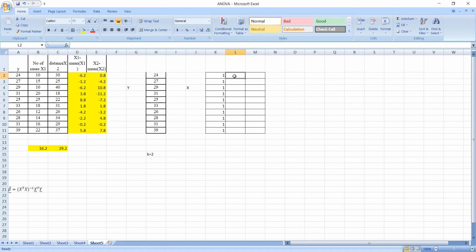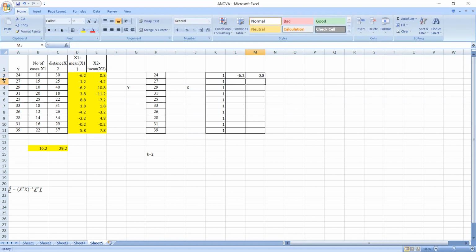And the second is the coefficient of the first variable, that is minus 6.2. So here you have to enter minus 6.2. And here then you have to enter the value of the second variable, that is 0.8. So here you have 0.8.